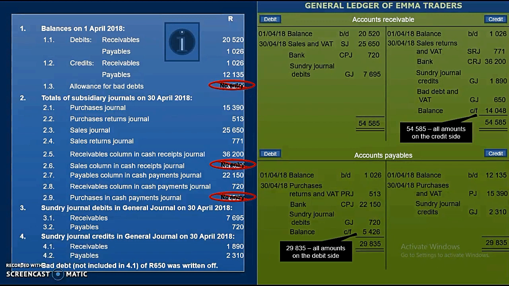This will give us 5,426. That is the amount that is still owed to accounts payable. While the amount of 14,048 Rand, which is the balance carried forward for accounts receivable, is the amount that is still receivable from debtors.